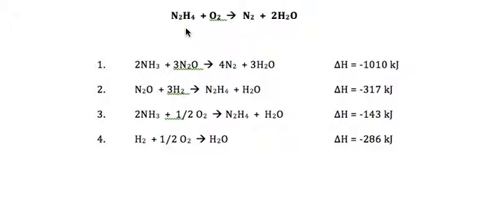I'm looking for N2H4, preferably as a reactant, but we can fix it if it isn't. And what I find is N2H4 as a product in both reactions 2 and 3. So rather than flip either one of those, I'm not going to address that yet. I'm going to move to the second substance and see if I can find that sitting by itself somewhere.